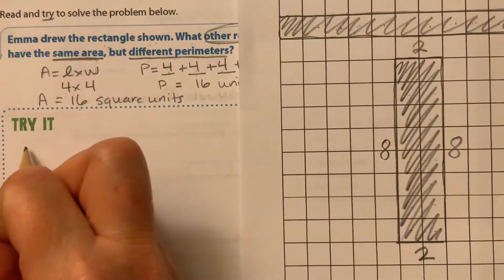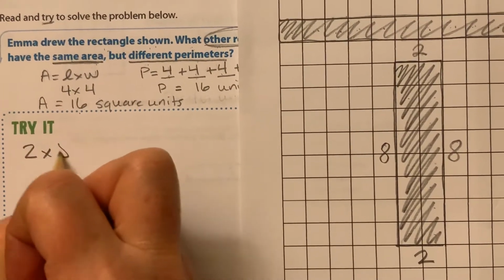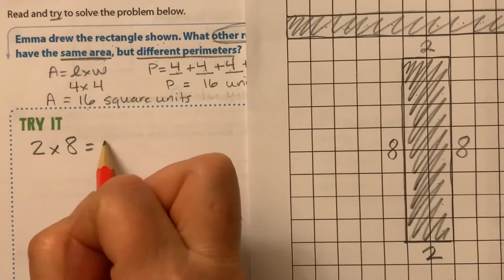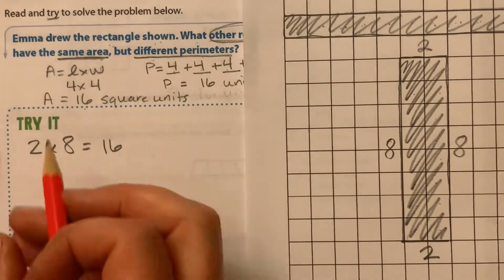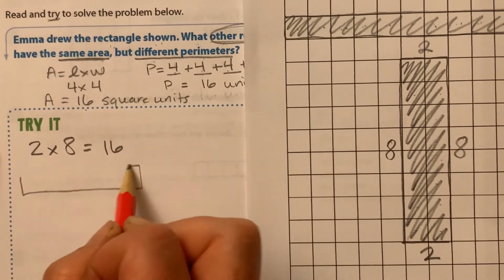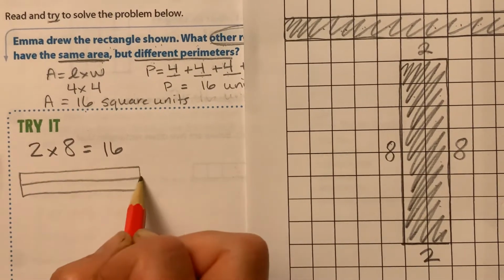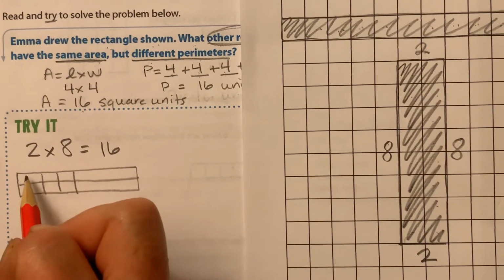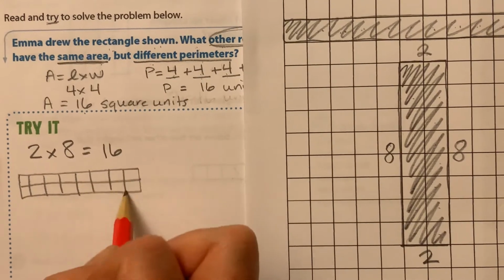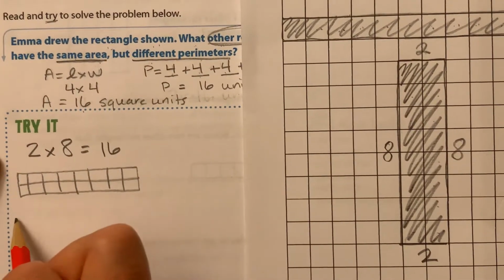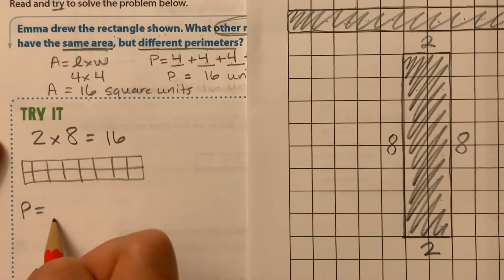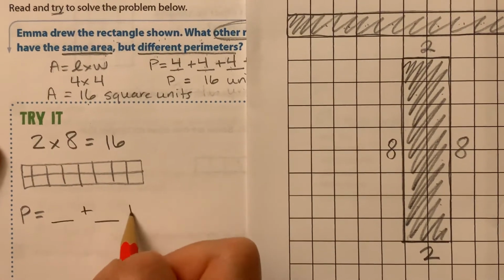So if I have a 2 by 8, it has an area of 16, right? This is my new rectangle, and I can even sketch it here. Right, there's my 2. Okay, my 2 by 8. And the perimeter is going to be, well, we've got 4 sides.